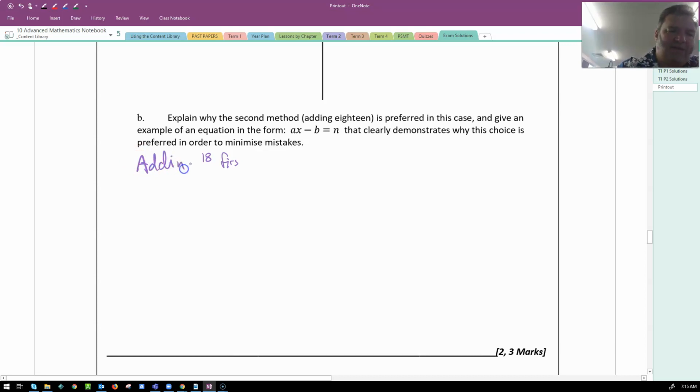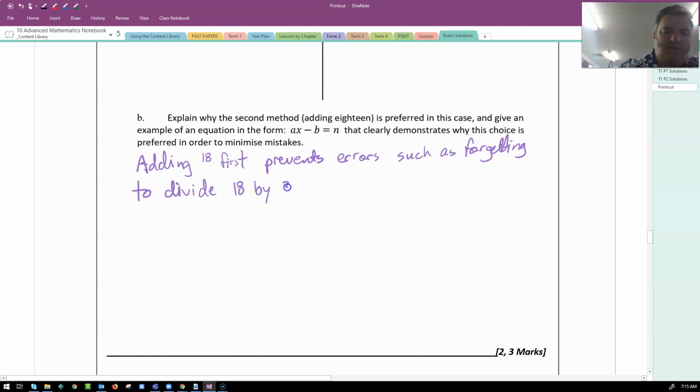Adding 18 first prevents errors such as forgetting. The most common one is definitely forgetting to divide 18 by 3.